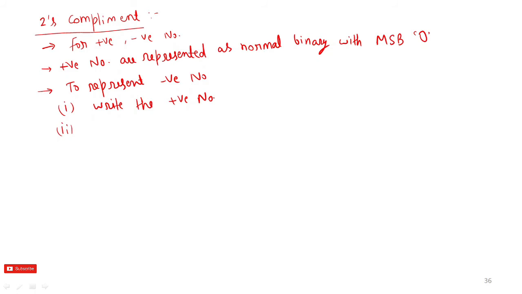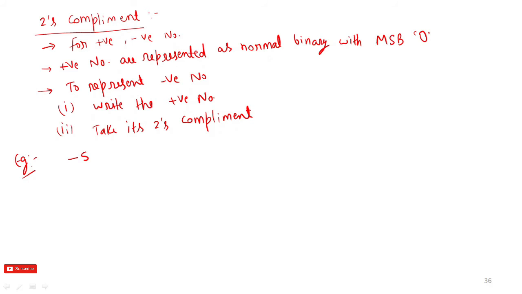Second, take its two's complement. Similarly to 1's complement, here you have to take 2's complement. Example, -5, how to write?